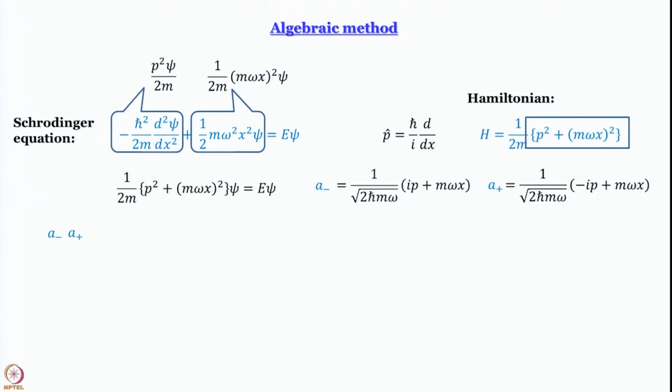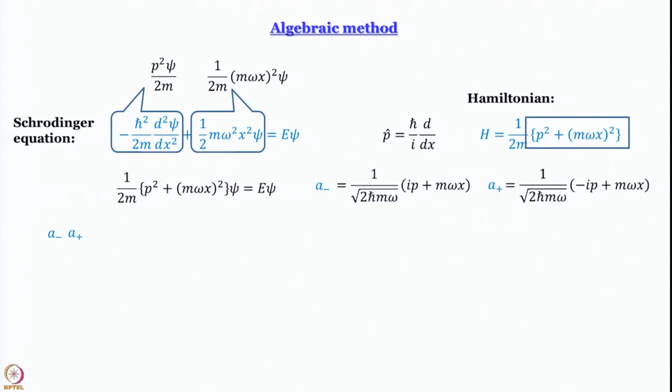A plus is 1 by root over 2 h cross m omega multiplied by minus i p plus m omega x. This a minus and a plus, as we will see, are really the ladder operators, and why this is minus, why this is plus, we will see later.